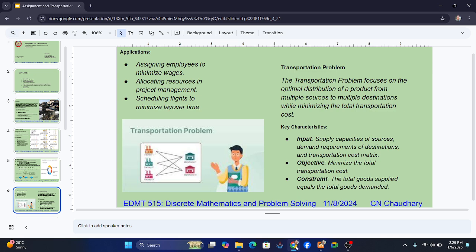Input: supply capacities of sources, demand requirements of destinations, and transportation cost matrix. Second, objective: minimizing the total transportation cost. And constraint: the total goods supplied equals the total goods demanded. Here you can see an example of the transportation problem pictorially in a slide.